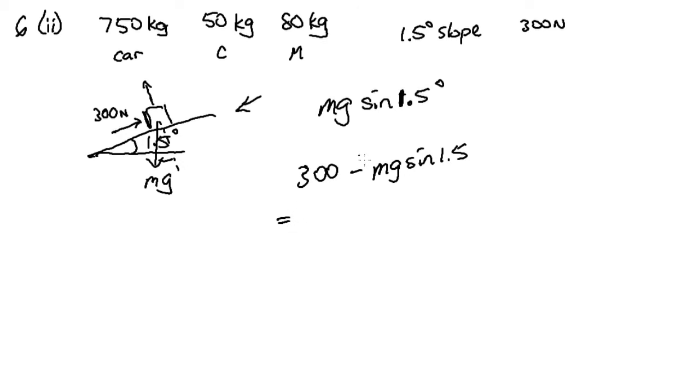M, if Carol is in the car, is 800, so that is 300 subtracted by 800 g sine of 1.5. If you plug that into the calculator, that gives you 94.7.